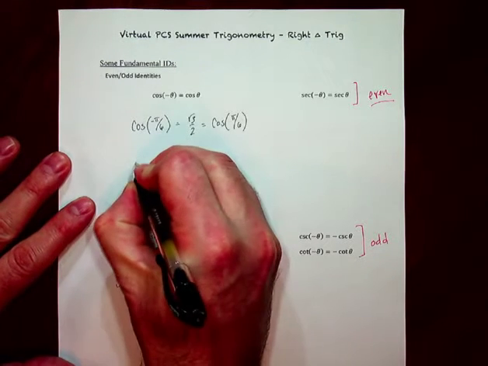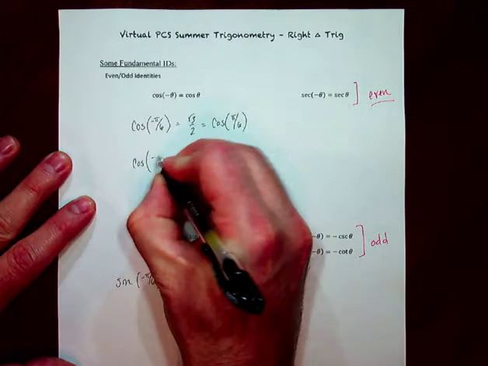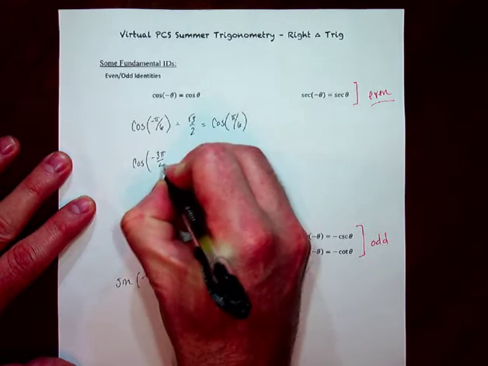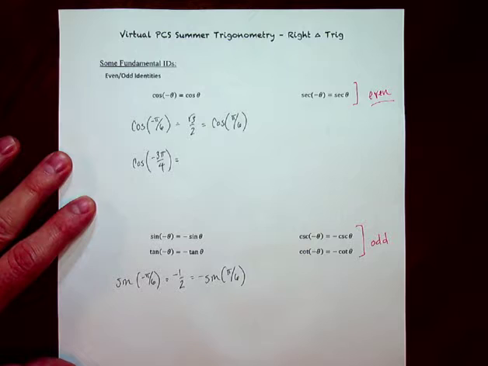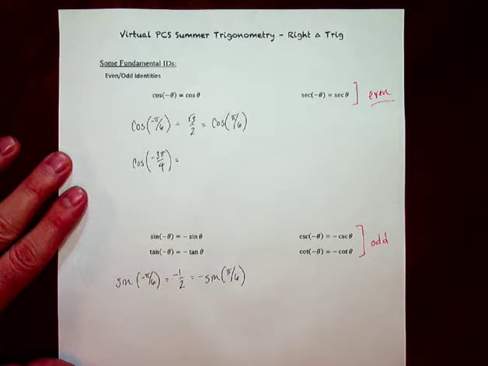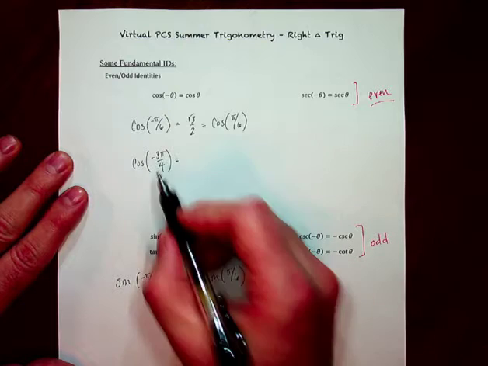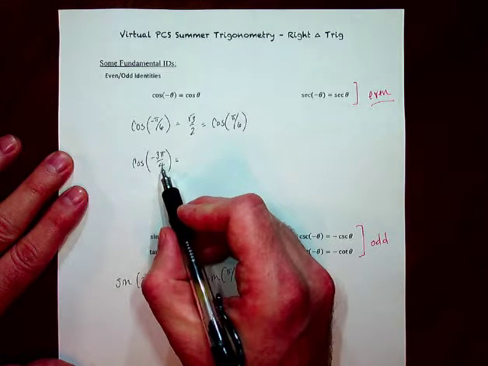You could do cosine of negative 3 pi over 4. Now, negative 3 pi over 4 is coterminal with 5 pi over 4. We know, because it has a reference angle of pi over 4, that it's going to be either root 2 over 2 or negative root 2 over 2. But negative 3 pi over 4 is in quadrant 3.